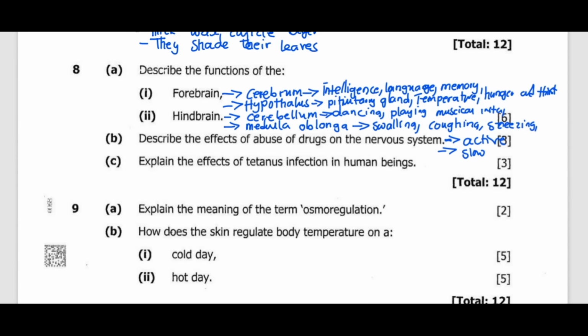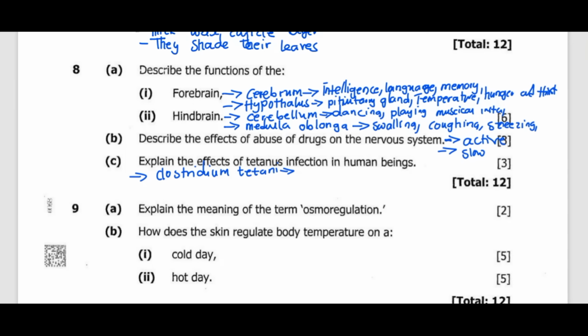Then for question C, explain the effects of tetanus infection in human beings. So if you look at tetanus, tetanus is an infection caused by a bacterium. So the bacterium that causes tetanus is what we call Clostridium tetani, something like this.